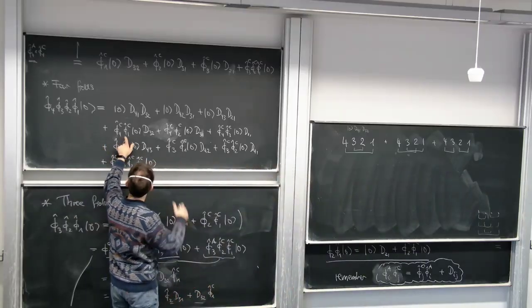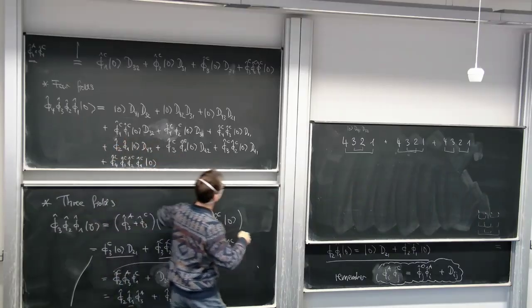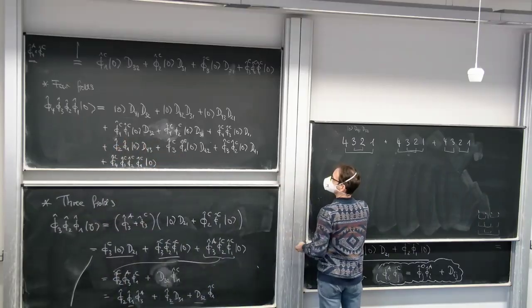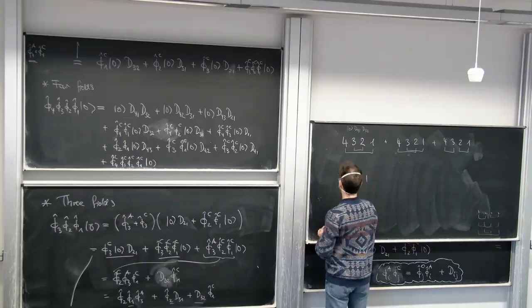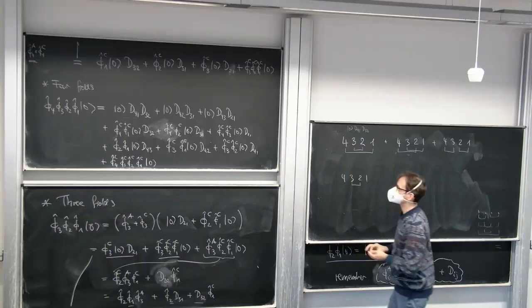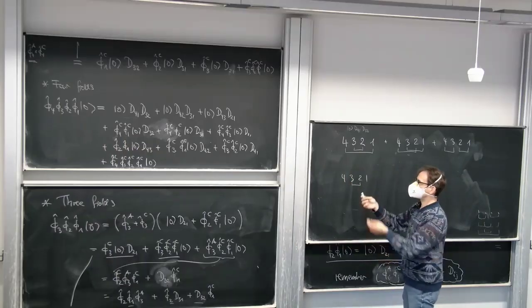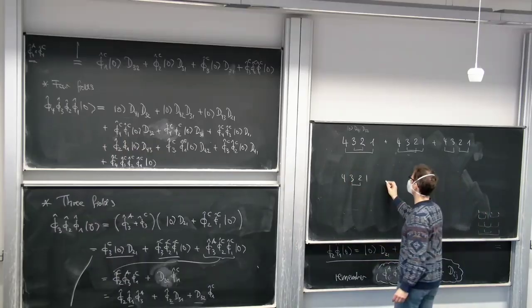What is the rest? They are not fully grouped. So the first one is 4, 3, 2, 1, and only 2 and 3 are put together, and 1 and 4 are still open.